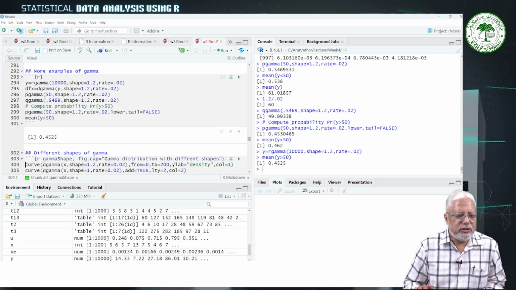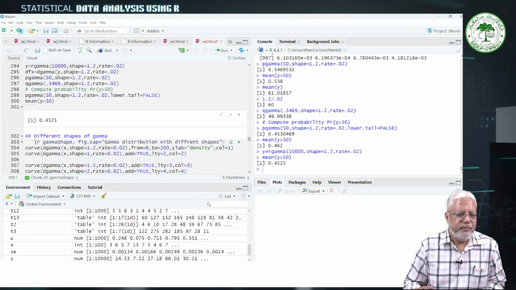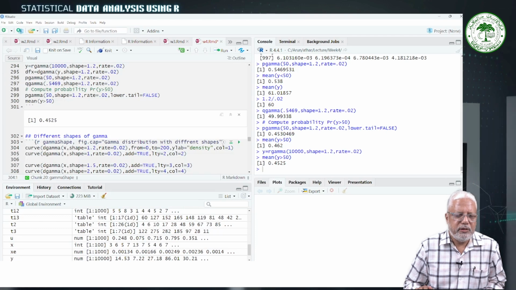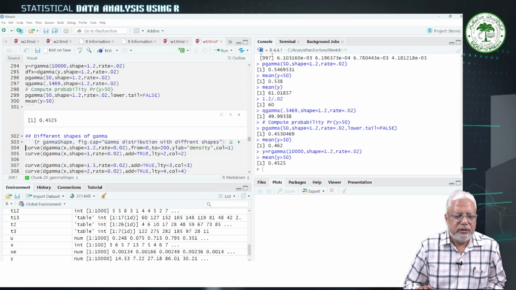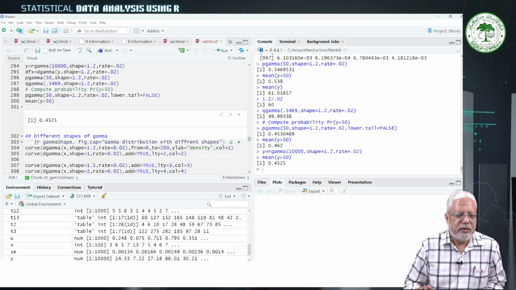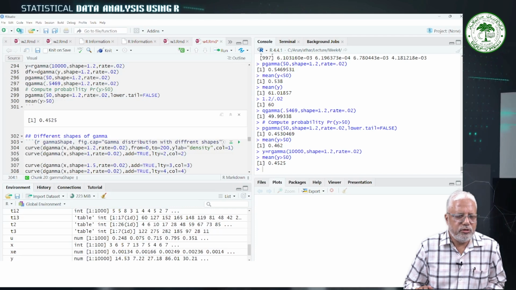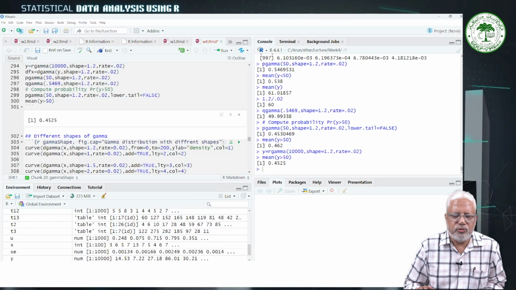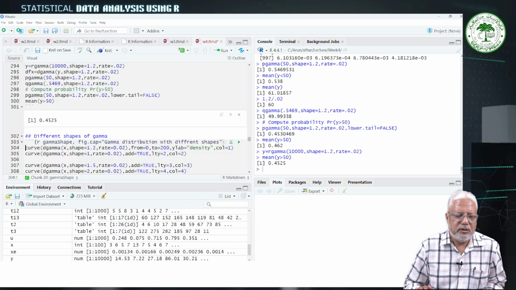Now, how does gamma distribution take different shapes? Because you know there are two parameters in gamma distribution. One is shape, another one is rate. So actually if we want to plot the gamma distribution, we use curve(dgamma(x, shape is equal to 1.2, rate is equal to 0.02), from 0 to 200, ylab is equal to density, and color is equal to 1.